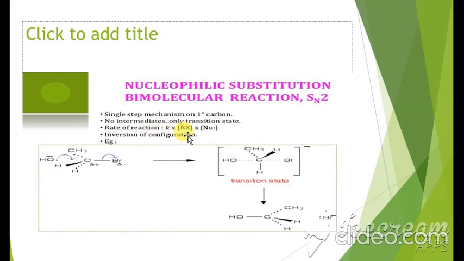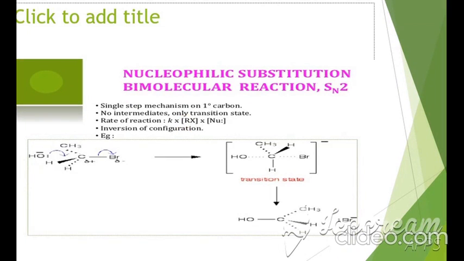So, what two terms are important? One is the molecularity. What is the molecularity? It is the number of reactants participating in the rate determining step. The slow step is called the rate determining step. Here the single step is the rate determining step. So what are the participating reactants?